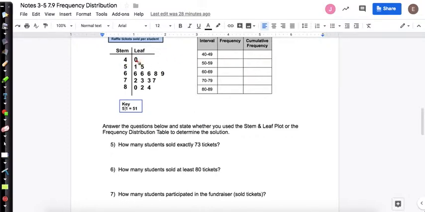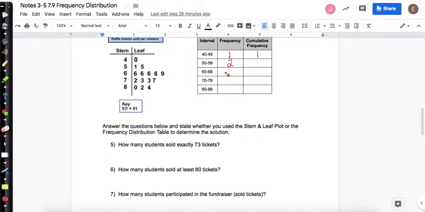So 40 to 49, I only see 40, so I'm going to put a frequency of 1. And cumulative frequency means all together. So after the first interval, what's my frequency? 1. Now, 50 to 59. 51, 55, and that's it. So the frequency is 2.